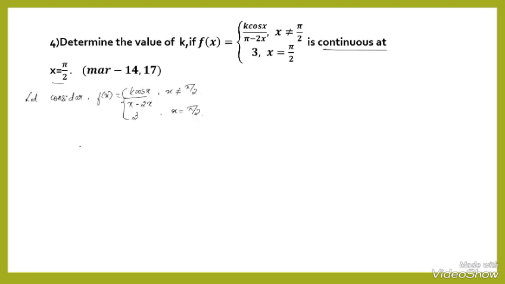Okay, here again we roughly take the values. At x is equal to pi by 2, the value is 3. Similarly, we define it at x less than pi by 2 and x greater than pi by 2.